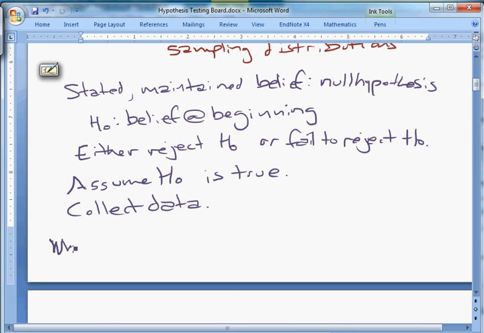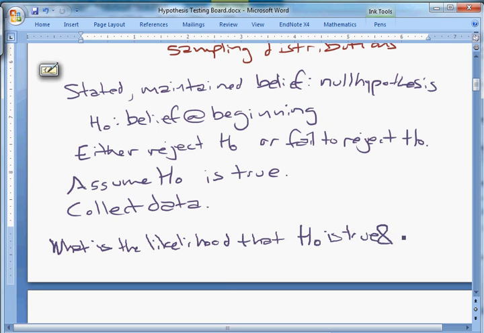What is the likelihood that my null is true and my sample result exists?